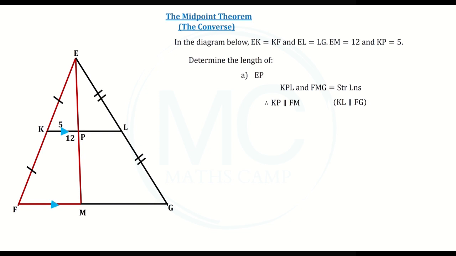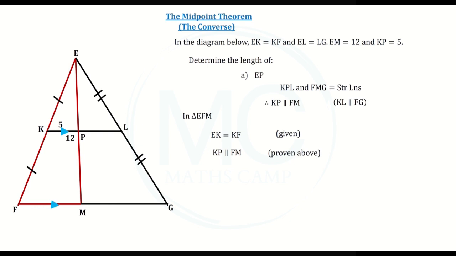We can say, in triangle EFM, we know that EK is equal to KF because this has been given to us in the diagram. We also just found that KP is parallel to FM. We've already proven this, so as our reason, we say proven above.